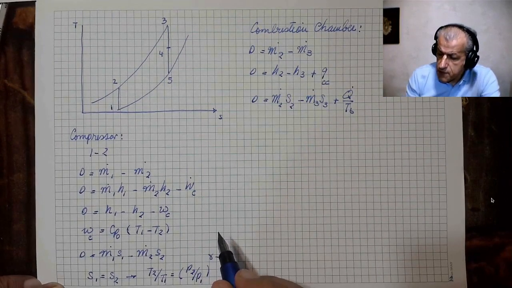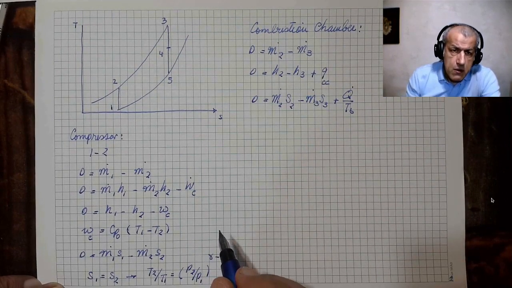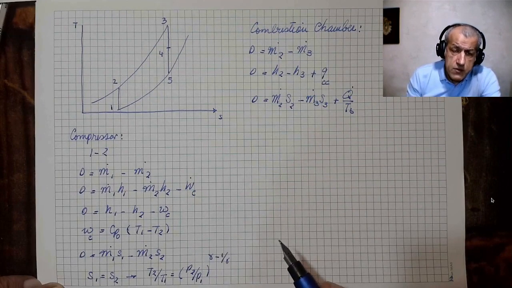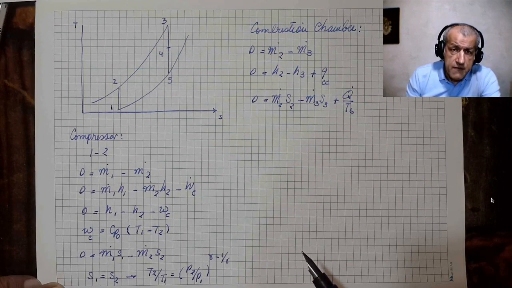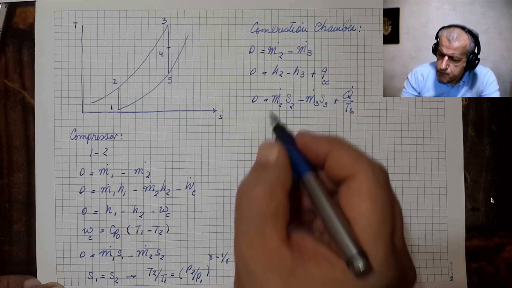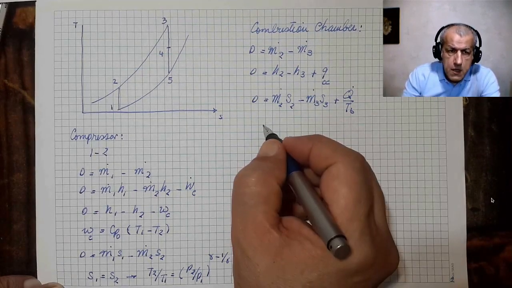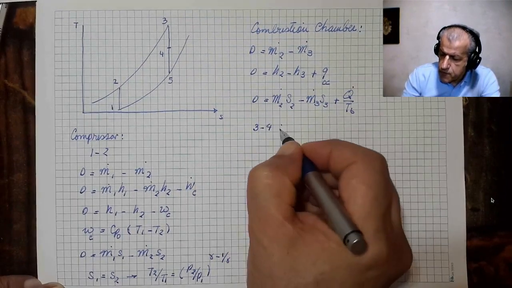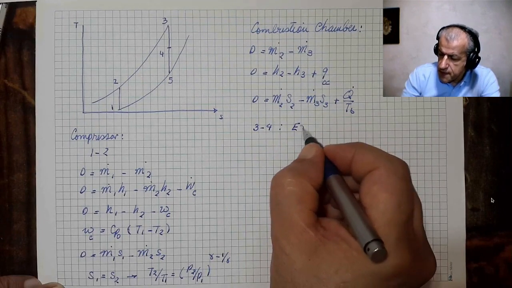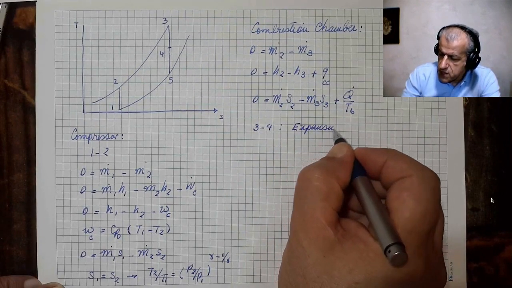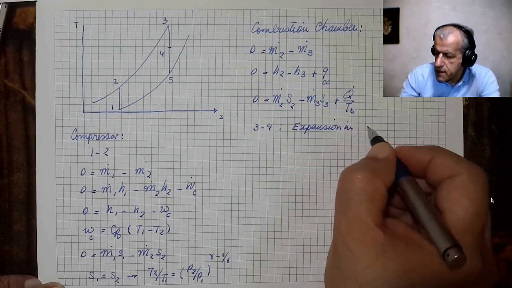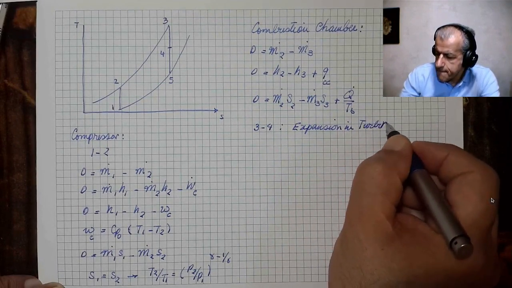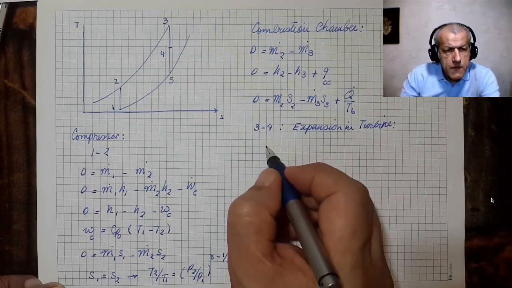Now, for the process 3-4 or 3-5 or 4-5, which is for the turbine, depending on if we have a single turbine, two turbines in series, or a single large turbine, depending on how we look at it. The process 3-4, which is the expansion in turbine, what do we have?